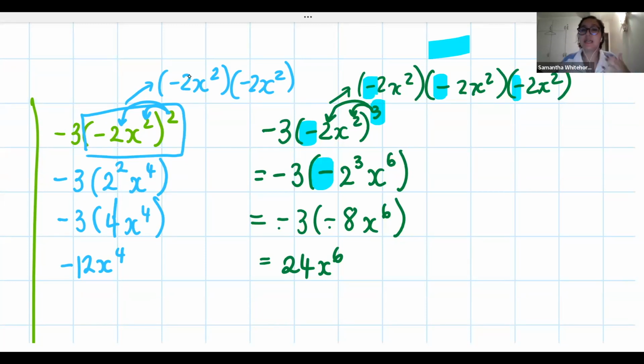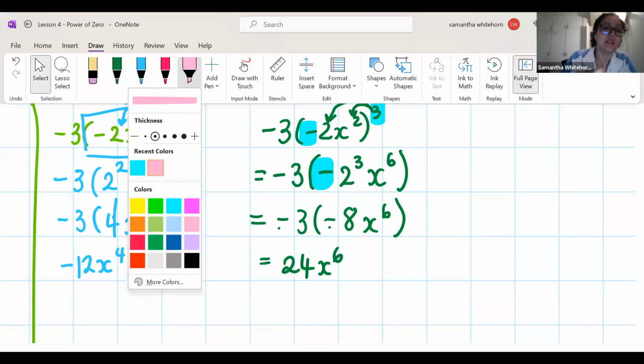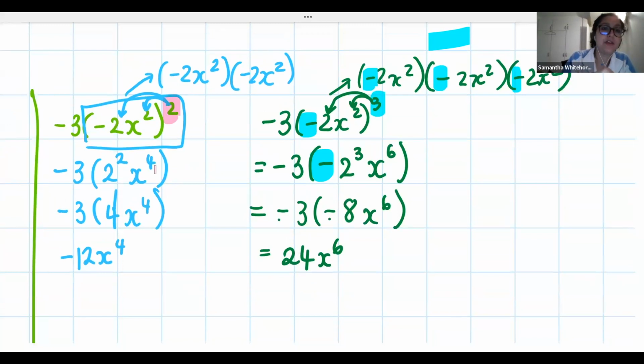So I'm just trying to get across the fact that if your exponent is odd and there's a negative inside the bracket, it's going to stay negative. However, if your exponent is even, like what I had written here in the light green, if your exponent is even, negative times a negative is a positive. So that's why that's a positive 2 squared. Oh, now I understand. Good.